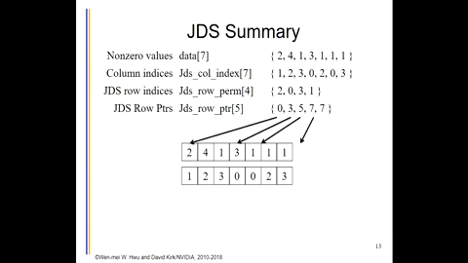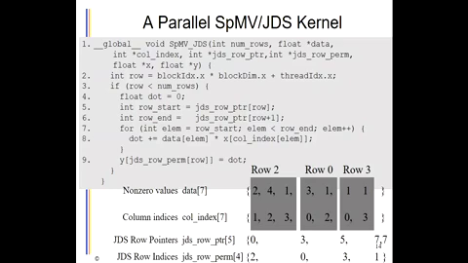Now, we have seen a JDS kernel, and the JDS kernel is fairly straightforward as long as you understand what the representation is about. So every thread still comes in and calculates the row index, right? So that's just the consecutive coverage of all the rows in the reordered space.